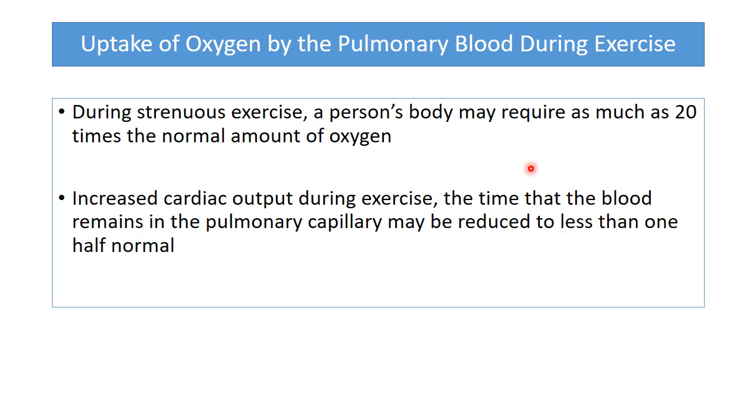So the picture is like this: during exercise the requirement for oxygen is more and the time for the blood to be oxygenated is less. So the question arises: how is this blood saturated during exercise?